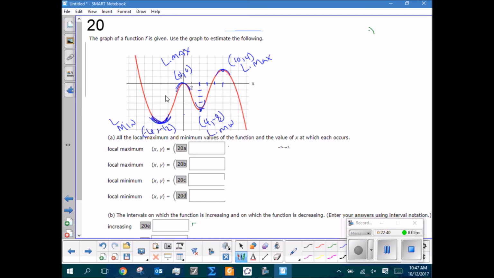Same thing for the rest of this. That 0 right there is going to be the largest y value that you see in any of the points in that neighborhood. Now in this particular graph, we're going to interpret that this goes on forever in both directions.